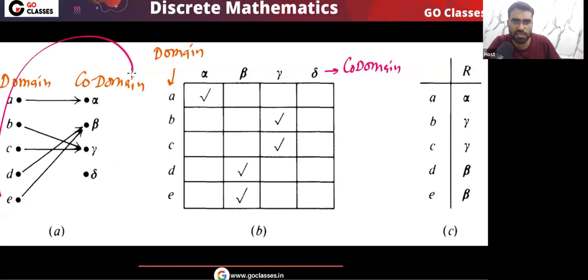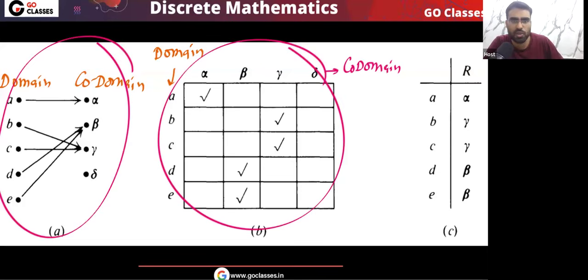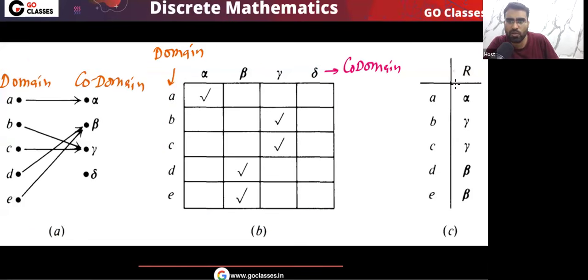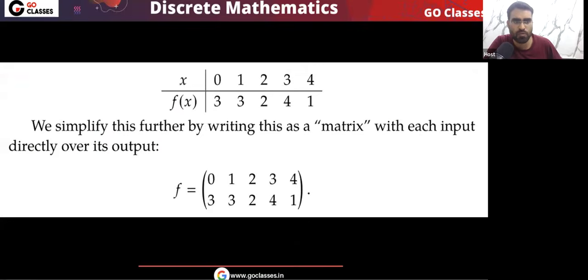So remember, this same function you can represent like this also, and like this also. Let's call this function R. So this is another representation: A is mapping to alpha, B is mapping to gamma, C mapping to gamma, and so on. So these are different representations of the same function.